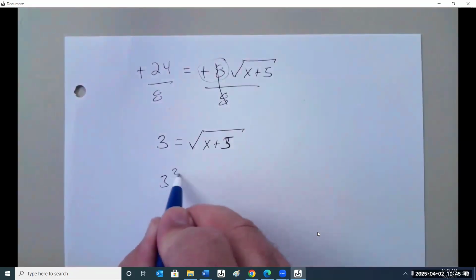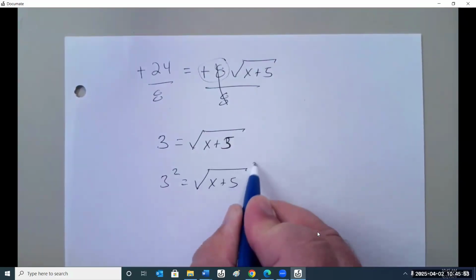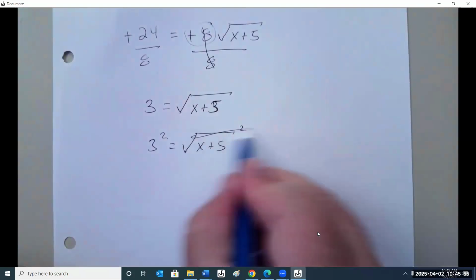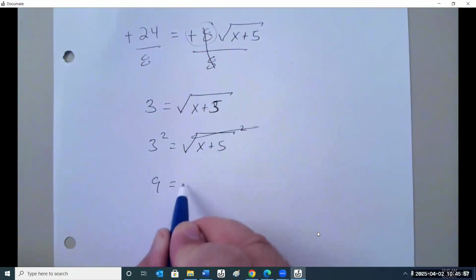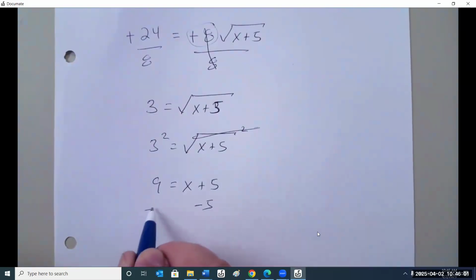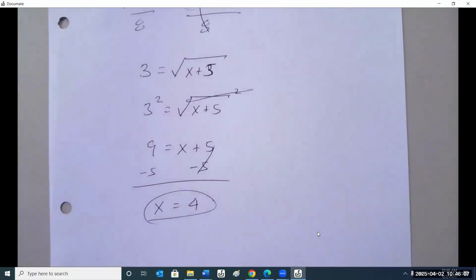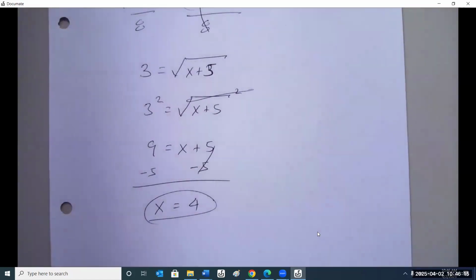Square both sides to get rid of the square root. So we have 9 equals x plus 5. Subtract 5. So x equals 4. And of course, we got to plug it in to make sure it works. And it works.